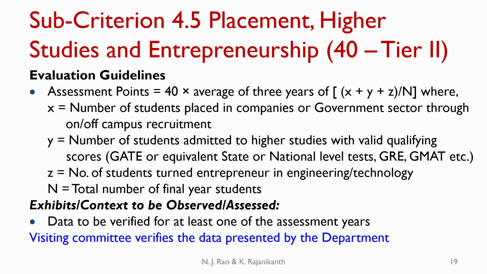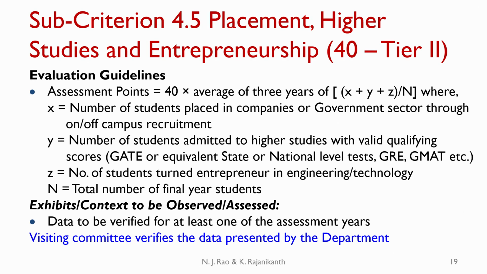So, (x plus y plus z) divided by n into 40, and that you take the average over 3 years, and that is this particular 4.5 index, and the data is to be verified for at least one of the assessment years by the visiting committee before they award the marks.